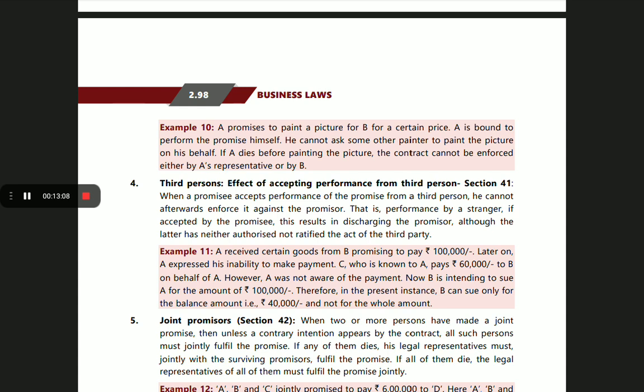Now B is intending to sue A for the amount of 1 lakh rupees. Therefore, in the present instance, B can sue only for the balance amount, that is 40,000 rupees, and not for the whole amount.